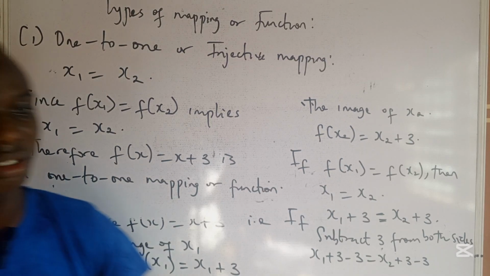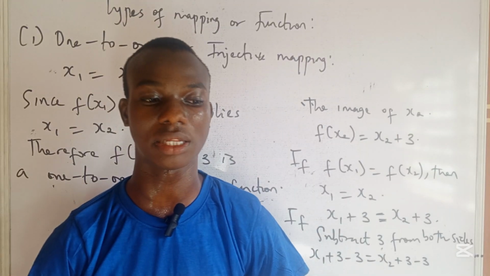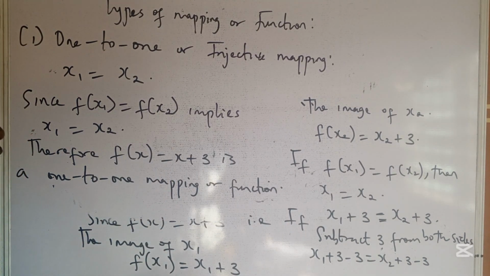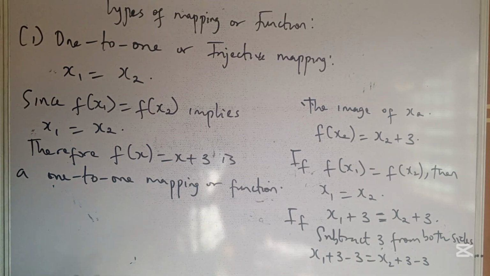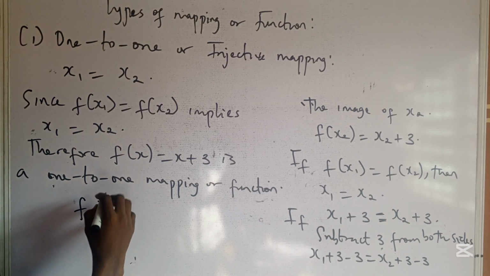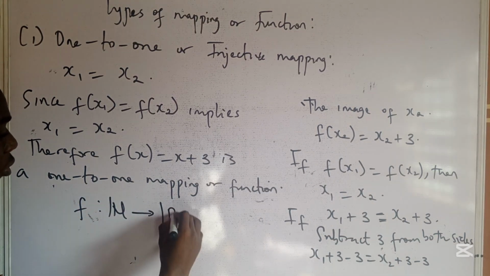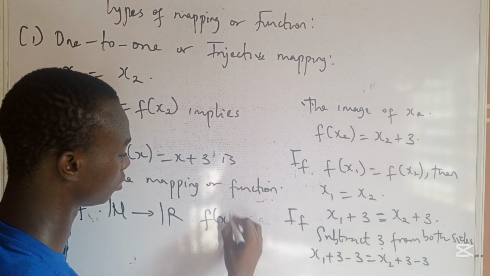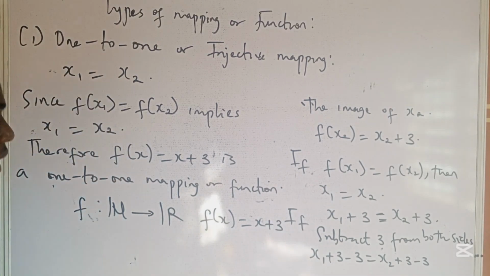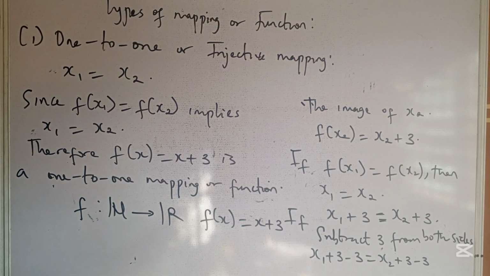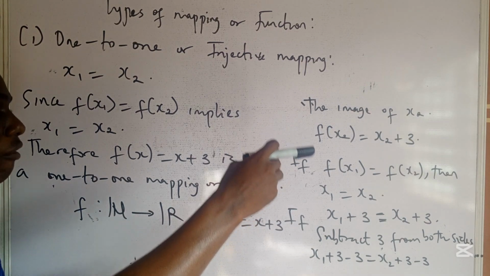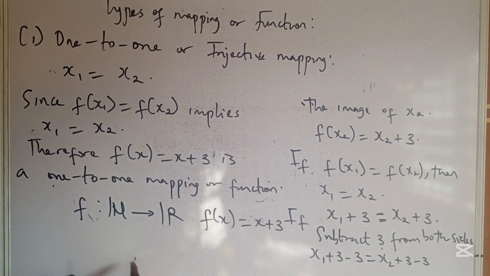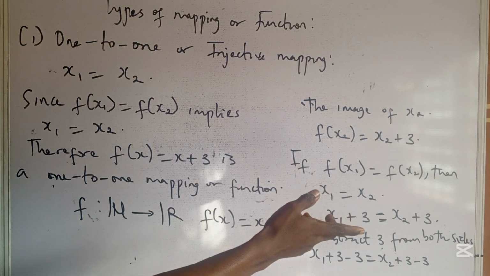Now if I want to just use the normal taking of elements inside my domain and codomain, recall that our domain here is natural numbers. We say f is a function from natural numbers to the set of real numbers. Now if I take any element here, defined as f of x equals x plus 3, am I going to have two images that are the same, to which different pre-images map?